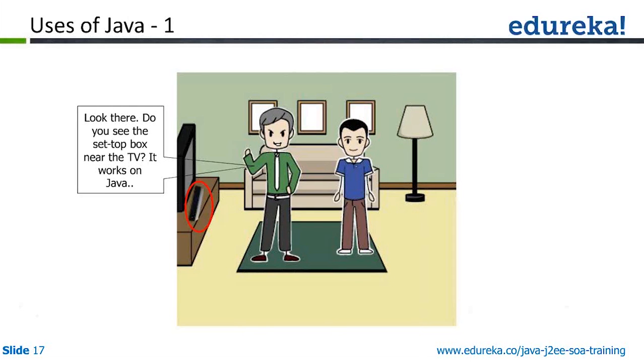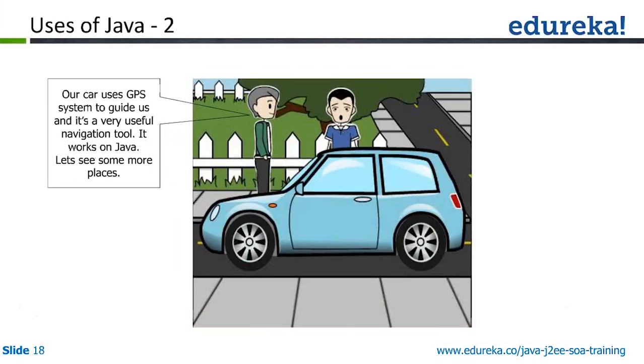In fact, it's interesting to know Java actually has a specification, JSR 242, for set-top boxes. So we would probably see a lot of set-top boxes that are interoperable in the future. The Java Community Process has already created a specification for set-top boxes, and that's good news.